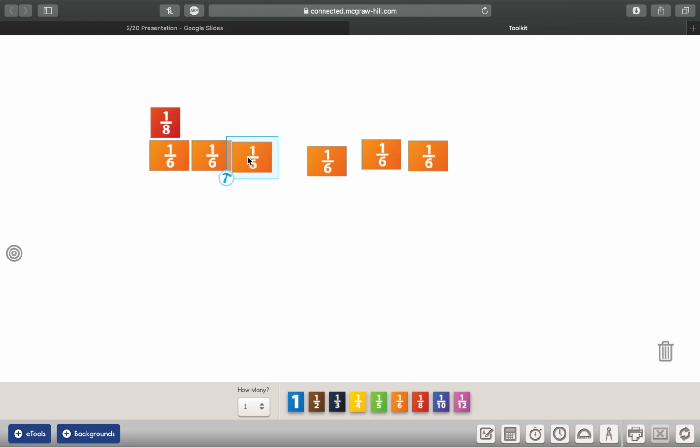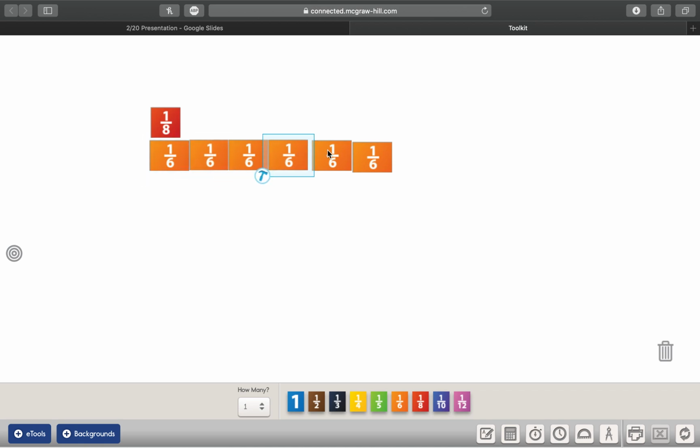Then I need to line them up. And I need to see, is there more red or is there more orange? Clearly there's more orange. I didn't even have to line them up to know that there was more orange. Sometimes it's close, sometimes it's very different. 6/6 is clearly more than 1/8.